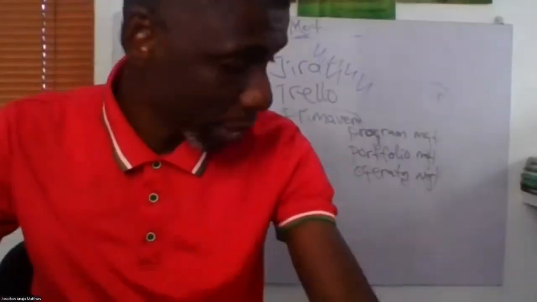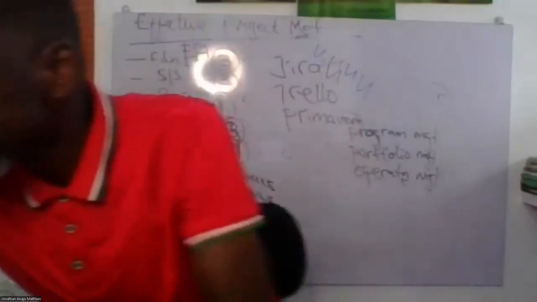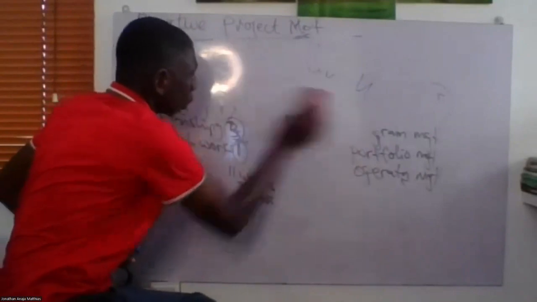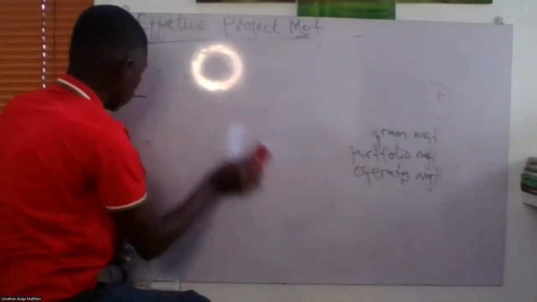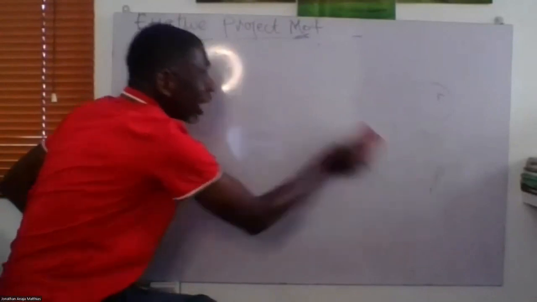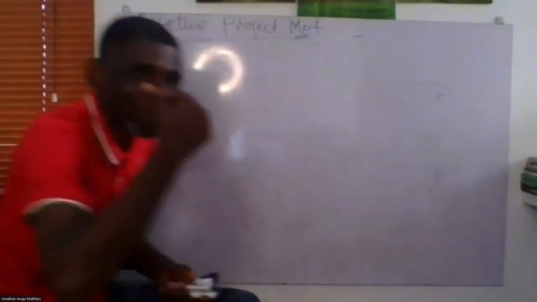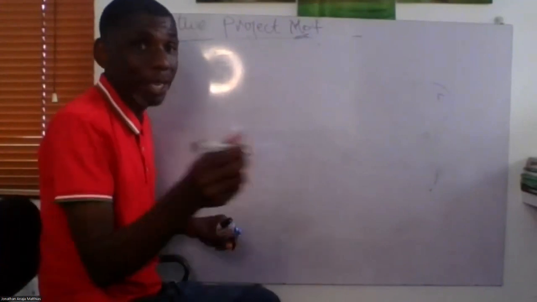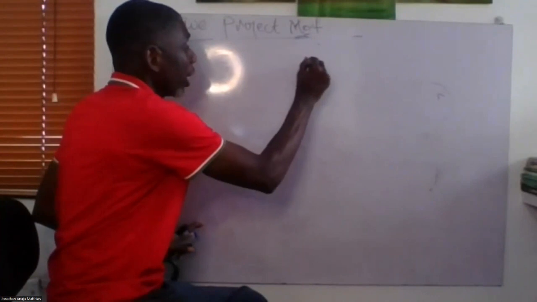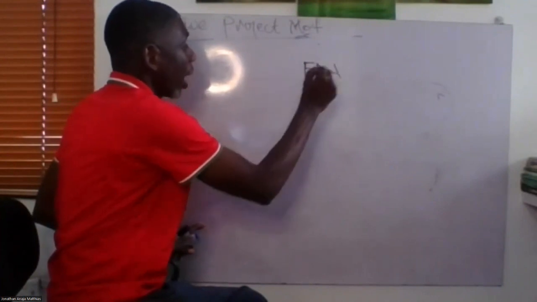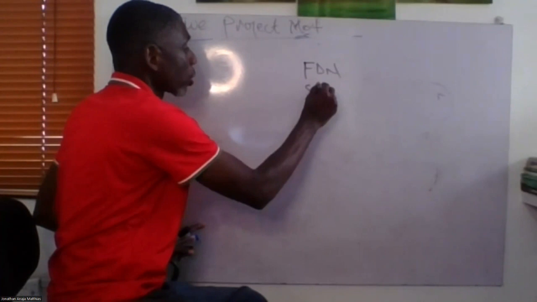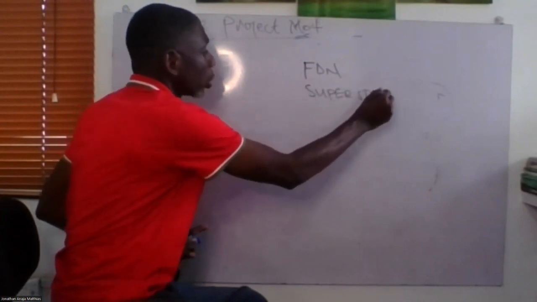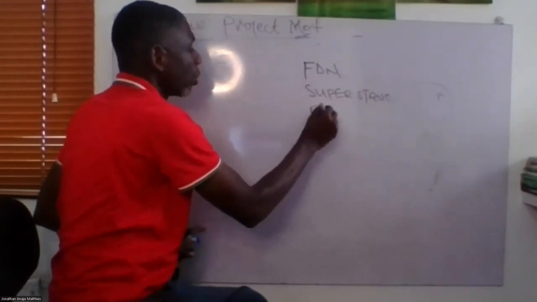Can we see the board behind me? Yesterday I was using an example of Mr. Wesley, who is into construction, having a construction to do where you start from foundation and probably do superstructure and, let's say, roofing.